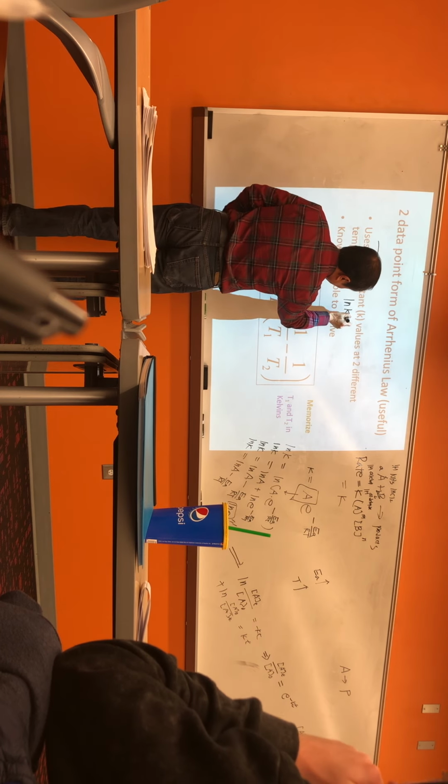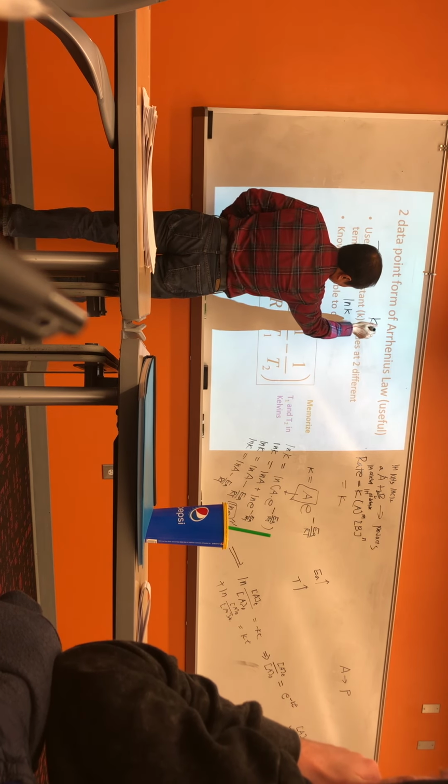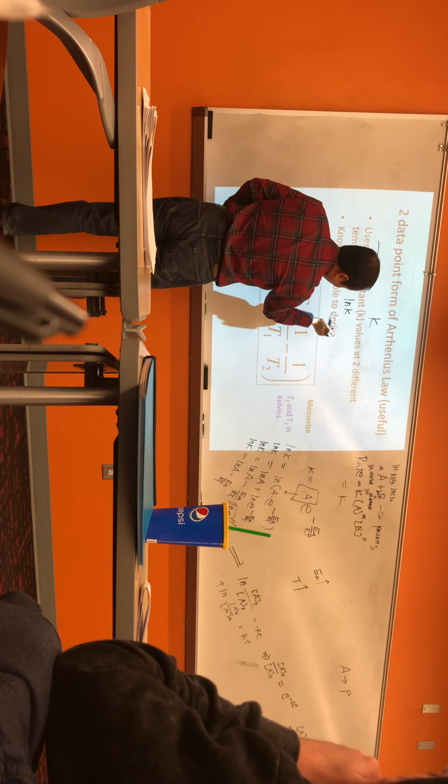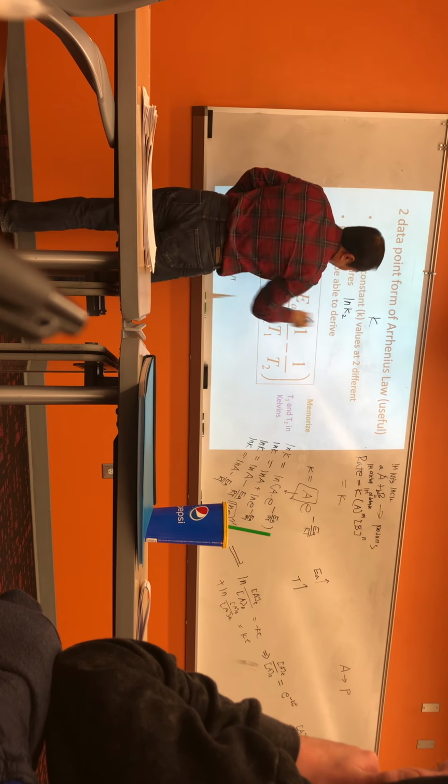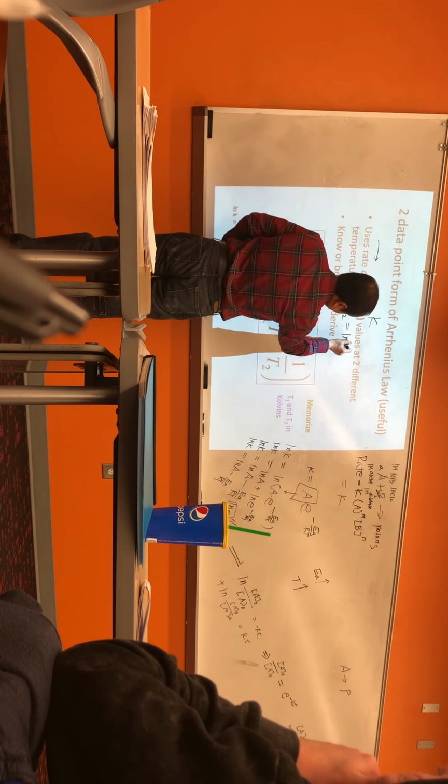This is the rate constant k, not uppercase K, not the equilibrium constant. This is a rate constant. So at one temperature, you may have this. At another temperature, you would have the same formula with just a different temperature. Then you just subtract, one from the other.